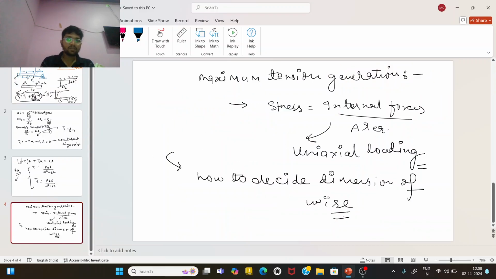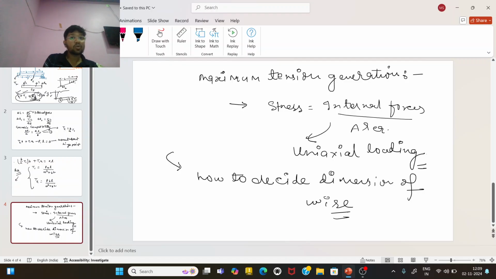Why are we interested in finding the tension in these wires? Because when you do the analysis, we try to find the dimensions of that particular element.